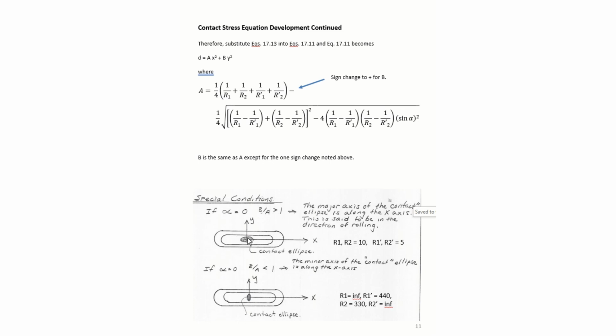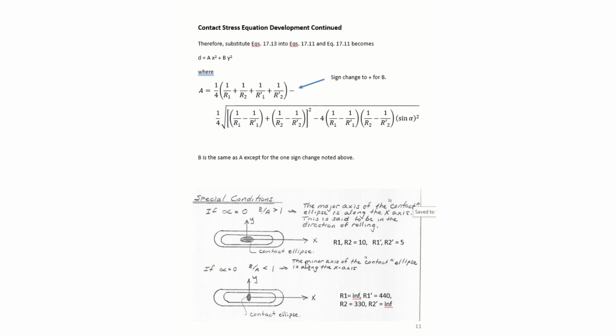This condition is often called the direction of rolling, or rolling direction. And in this example, we would have an R1 and an R2, say, equal to 10, and an R1 prime and an R2 prime equal to 5, and that would give us a condition like this.